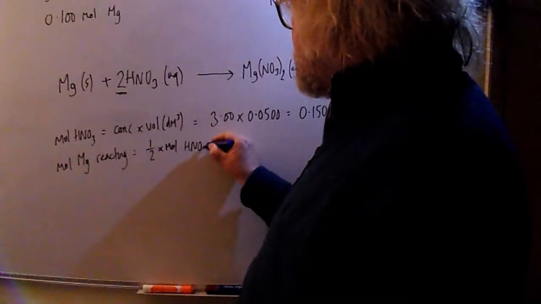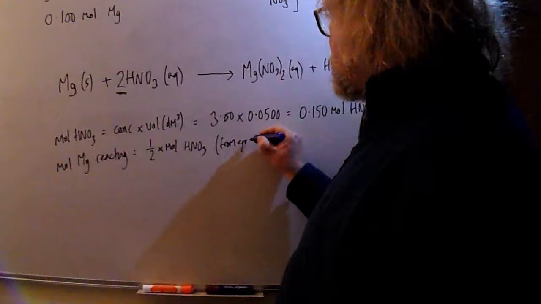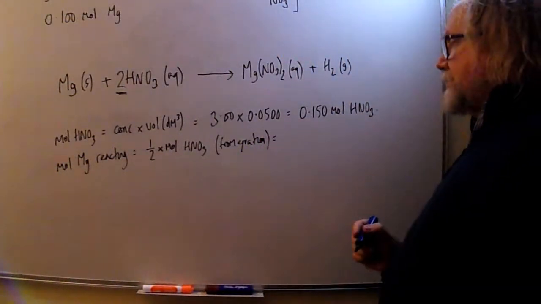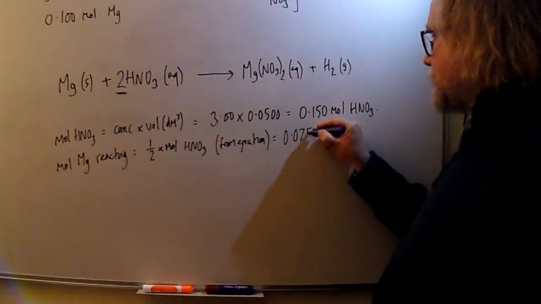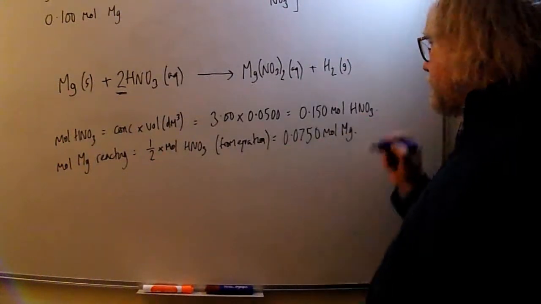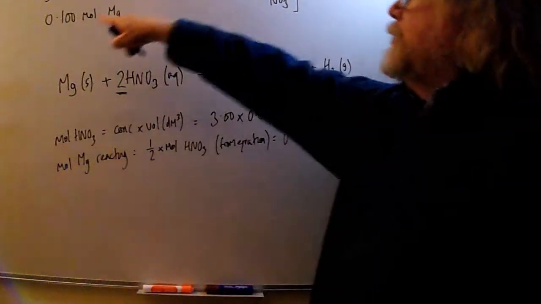That's what the equation says. So we can just take a half of that number. Okay, 0.15 was the moles of nitric acid. If we halve that, we get 0.075 moles of magnesium.